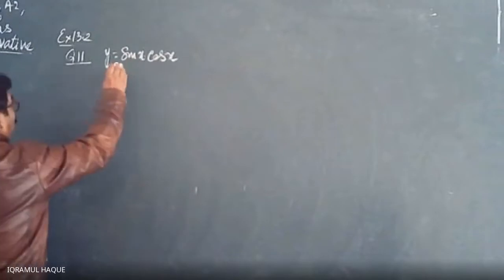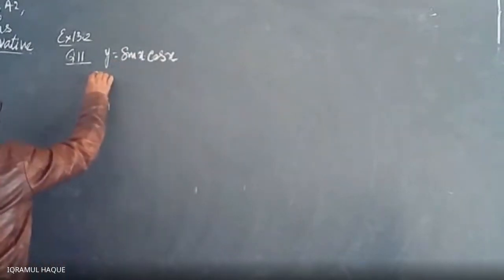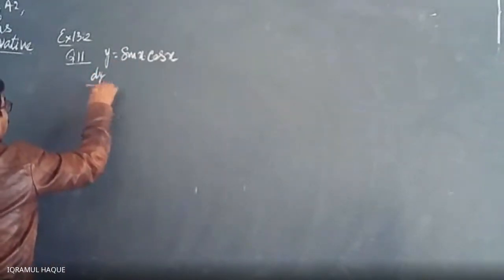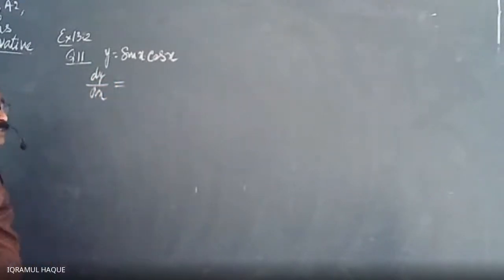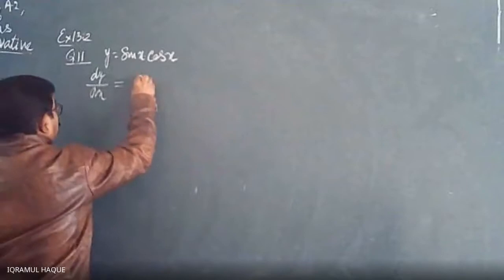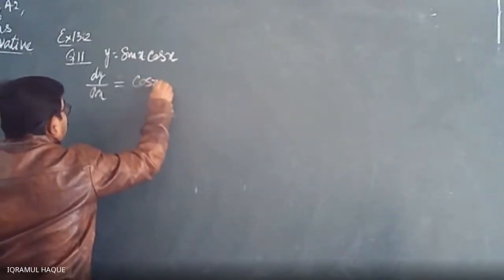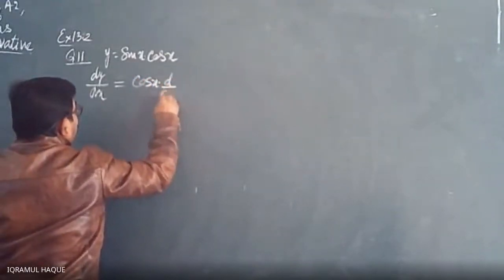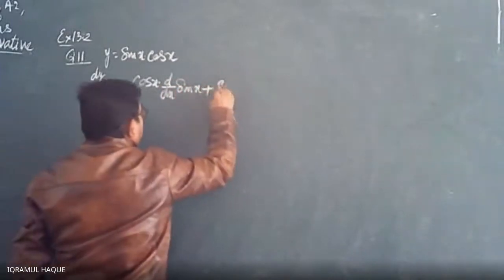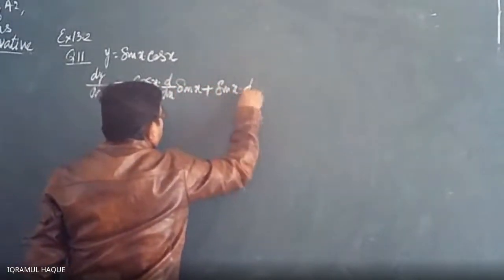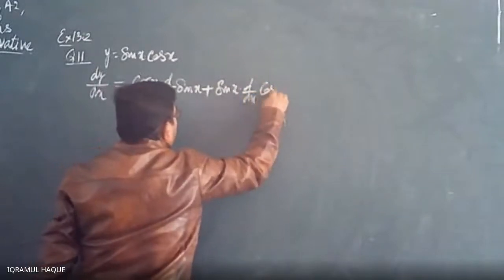Derivative of this, so find dy upon dx is equal to, using the UV rule, cos x into d of dx of sin x plus sin x into d of dx of cos x.